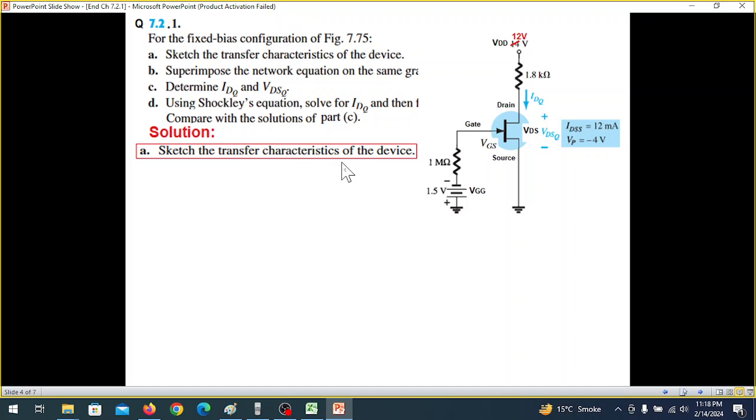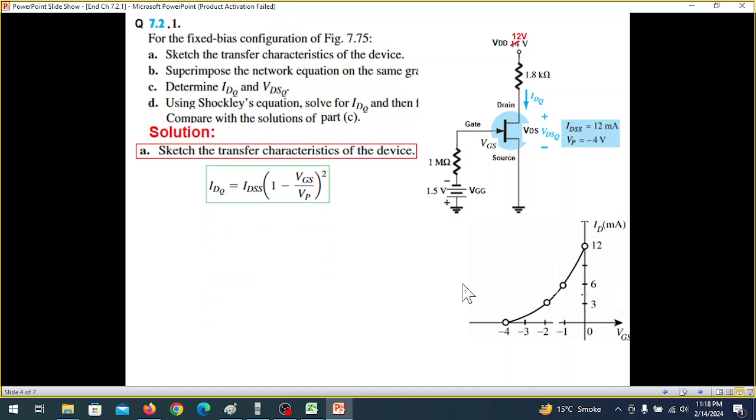Sketch the transfer characteristics. And we have already discussed that the transfer characteristics will look like this. It is between VGS and ID. So we start with the Shockley's equation and take a couple of values of VGS. Start with the blank curve.